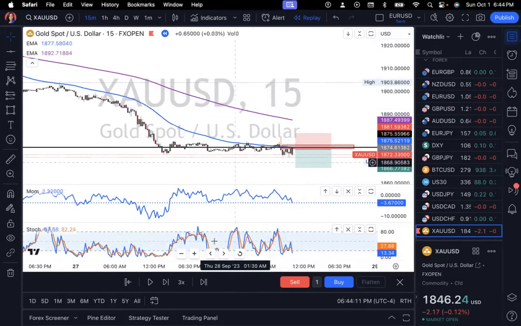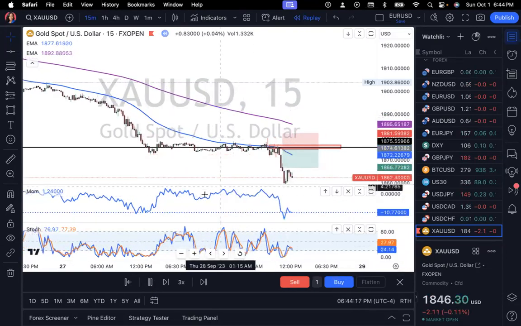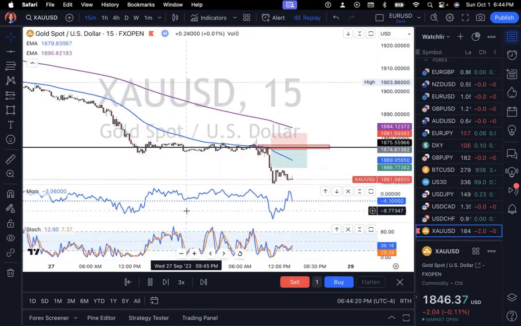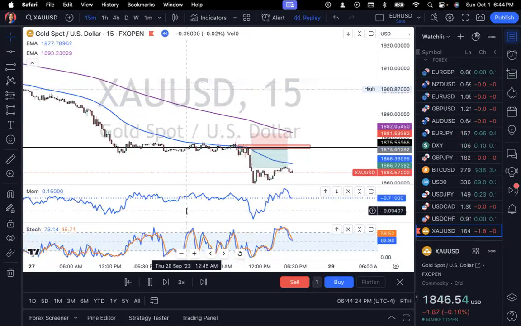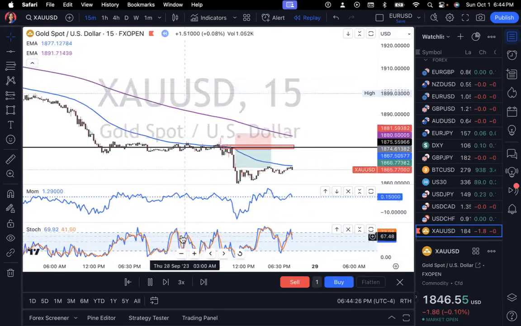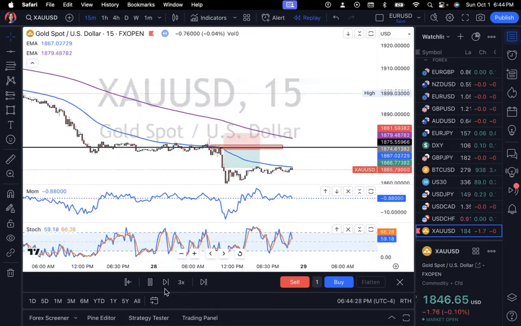Because it's a sell, it's creating new lows. Now, once we click play, we can see that in this case, our TP would have been hit as well. And then the market actually still continued to sell, right?